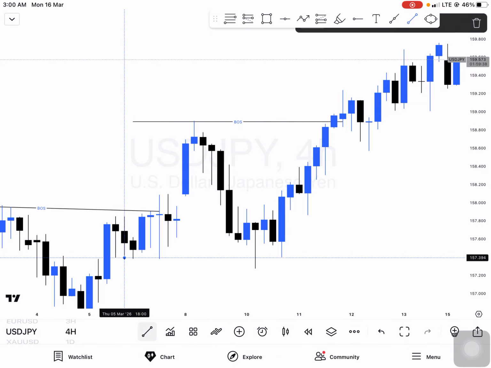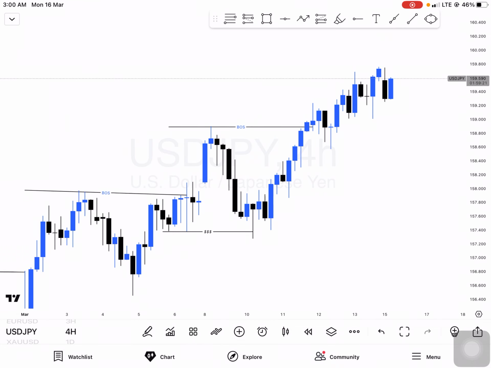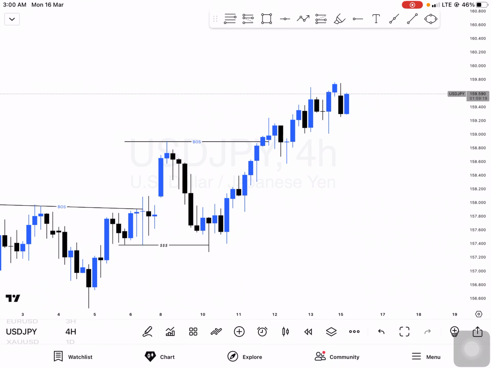It swept this liquidity before giving us that break of structure, which makes this break of structure very, very strong.